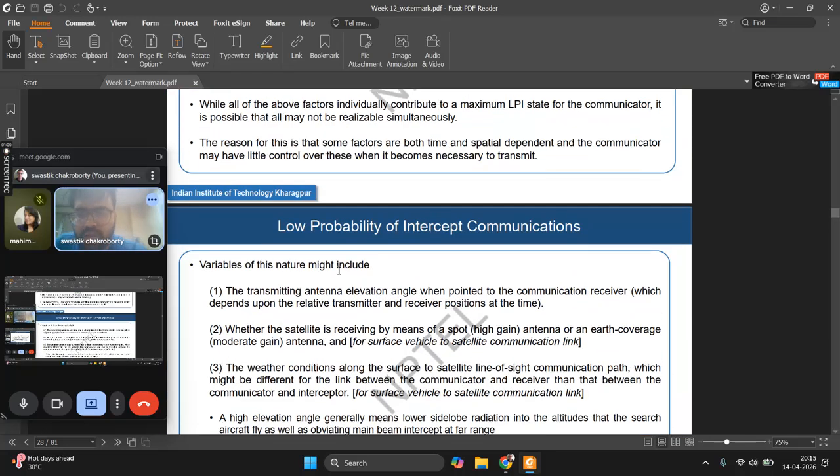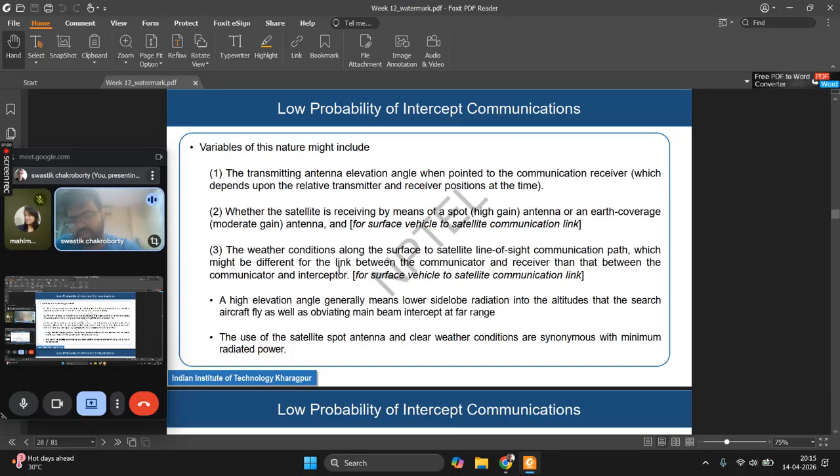So the variables beyond the control of the communicator might influence its probability of interception. These factors are like the transmitting antenna elevation angle when pointed to the communication receiver, and whether the satellite is receiving by means of a spot antenna or an earth coverage antenna.